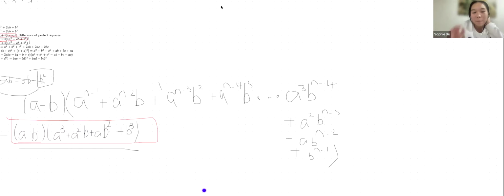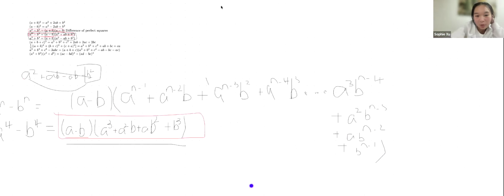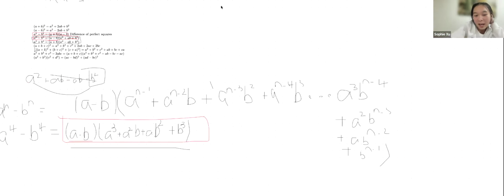Okay, for example, when n equals 5, it's going to be a to the power 4 plus a to the power 3 b plus a squared b squared plus a b to the power of 3 and then b to the power of 4. That makes sense, right?